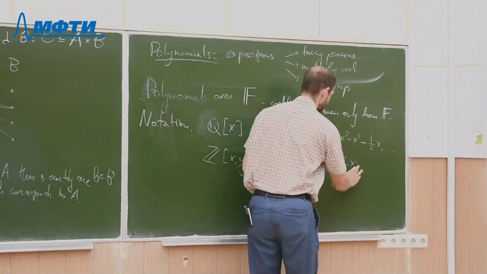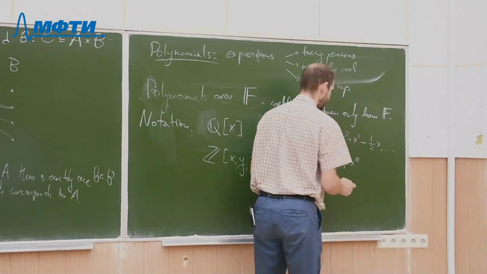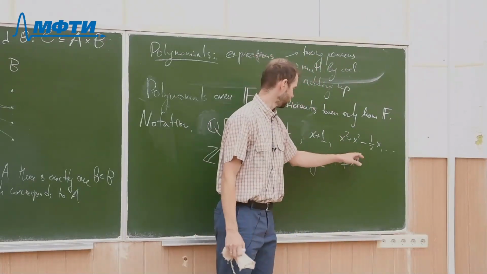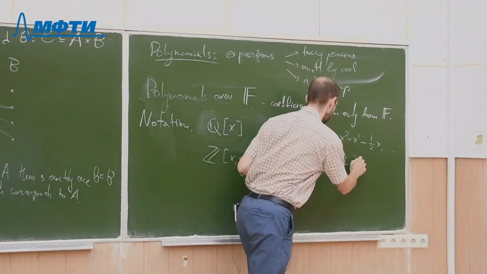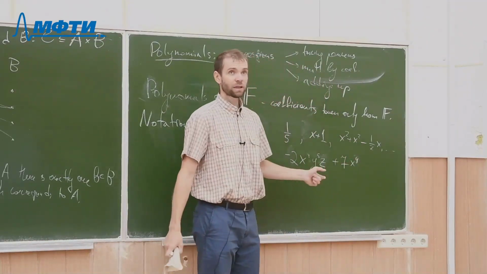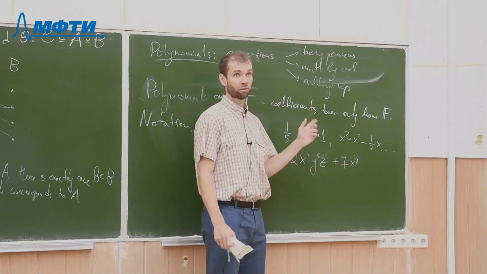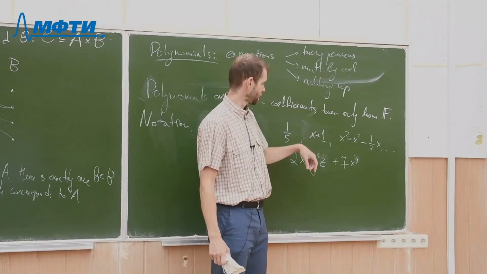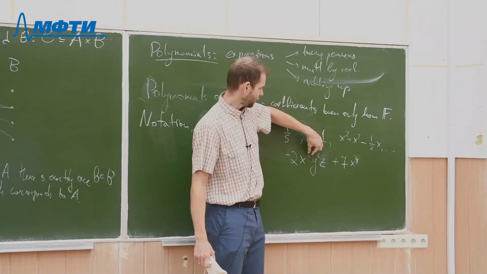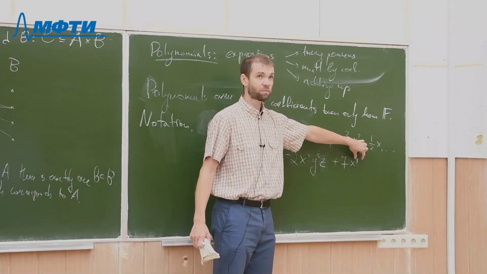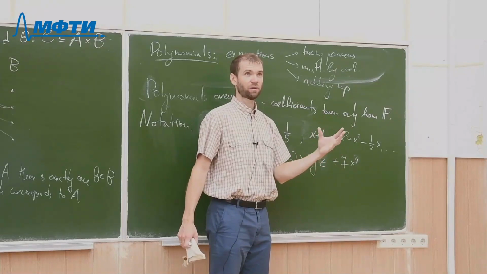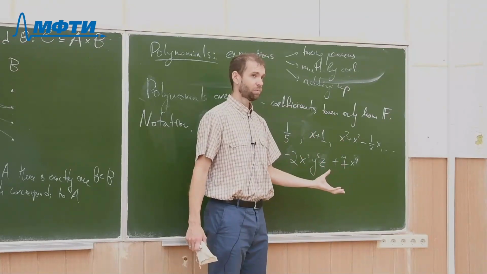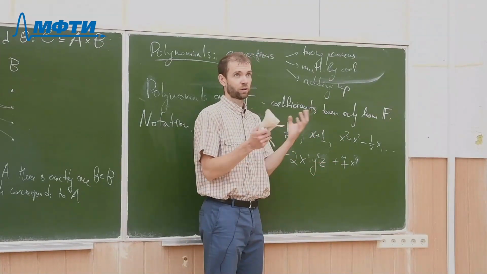Well, let me provide a different example. Okay, so the degree of this polynomial over x is 4 because the maximum degree of x that we get in monomials is 4. But this monomial is the monomial of the highest degree with respect to x, but it's not the monomial of total highest degree.